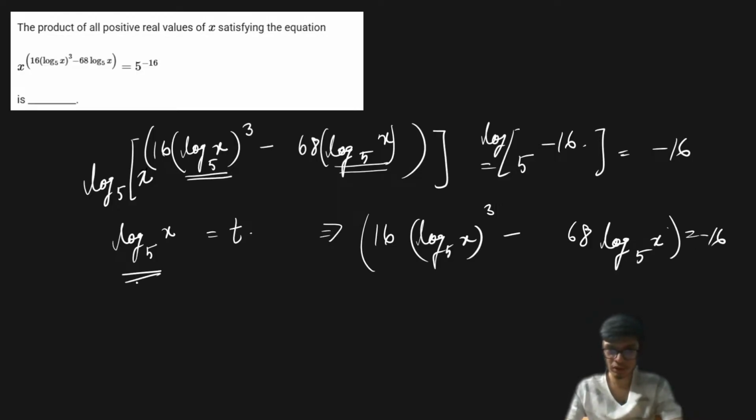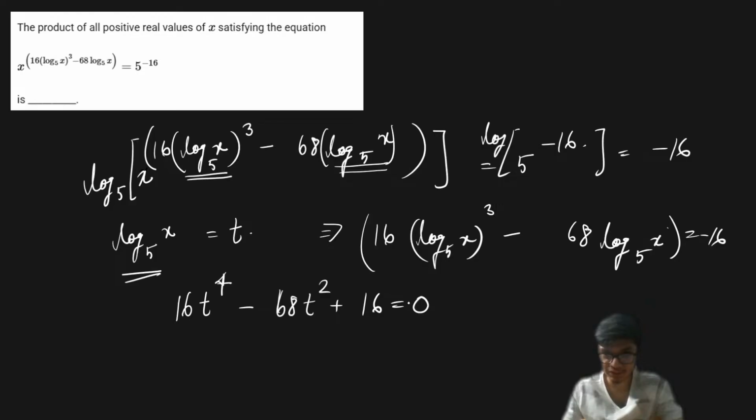Now if I assume this log x base 5 as t, this simplifies to 16 t to the power 4 minus 68 t square plus 16 is equal to 0.